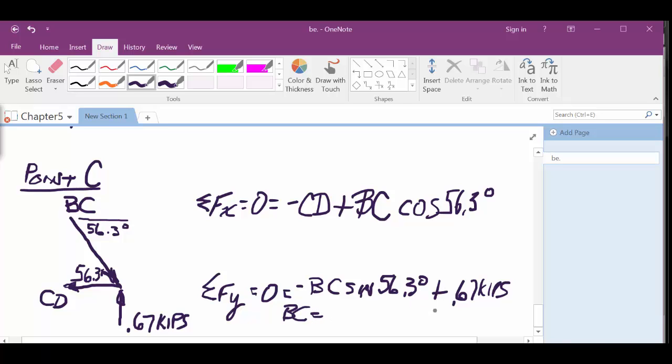This stays where it's at and becomes positive, so it's 0.67 kips divided by the sine of 56.3, which equals what? How much? 0.805. Do I have any confirmation on that? Somebody else punch it in? Let's just say 0.81 kips. Up or down?